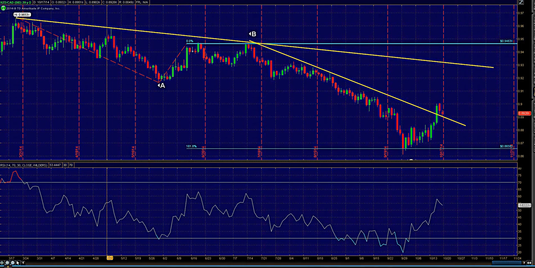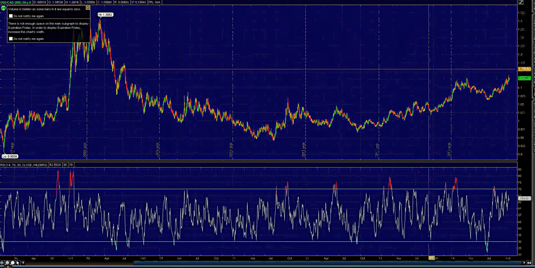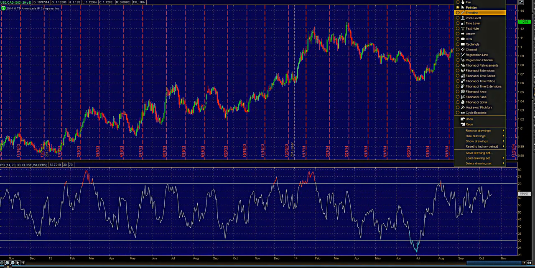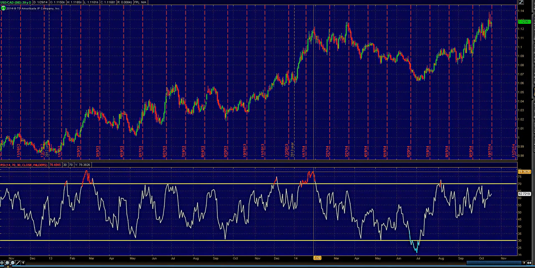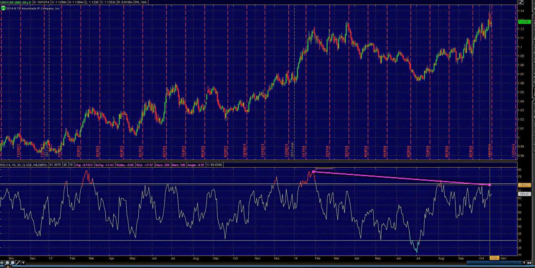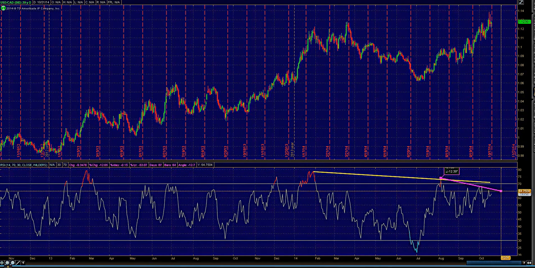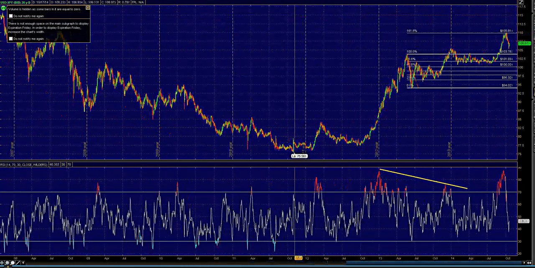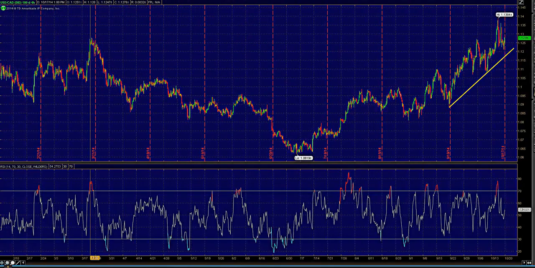And then on the daily, we have some momentum divergence, which bodes well for shorts. Looking for a reversal. This divergence is not as deep as I would like, so just take caution if you're looking to play the dollar CAD.